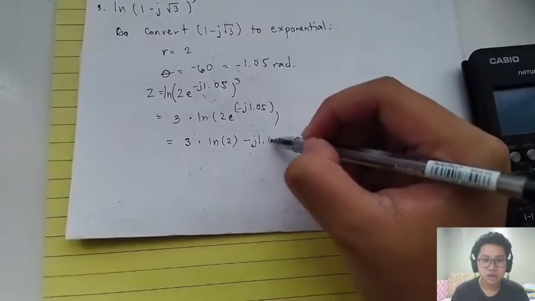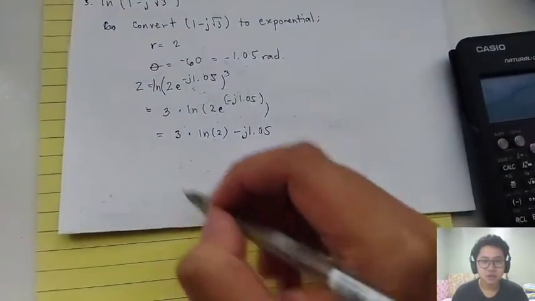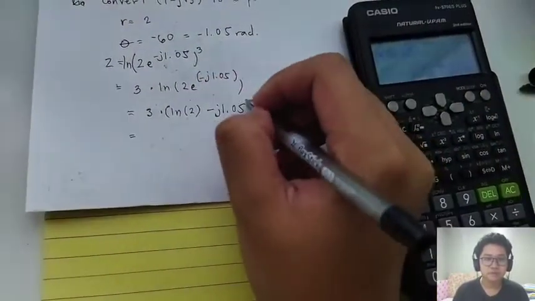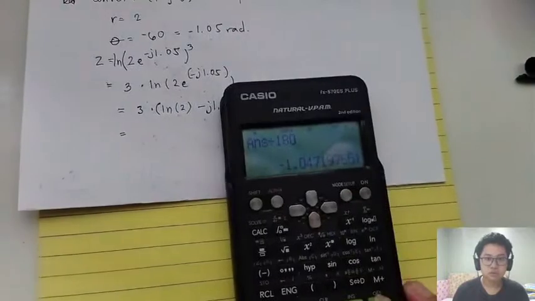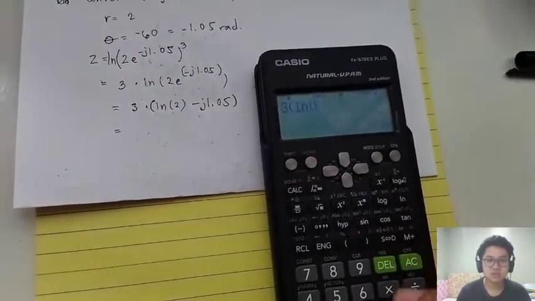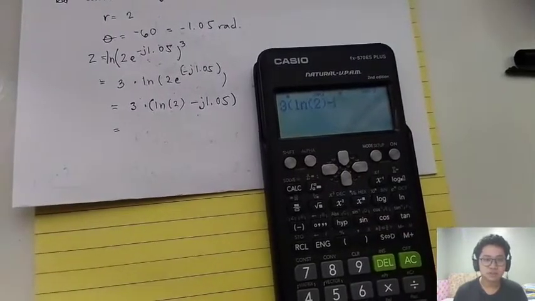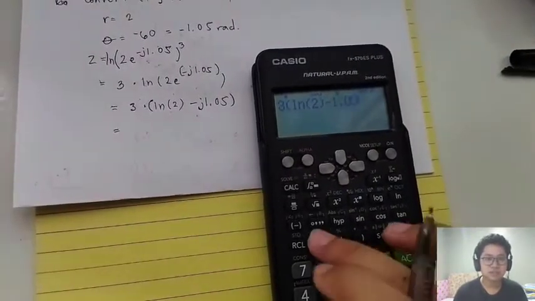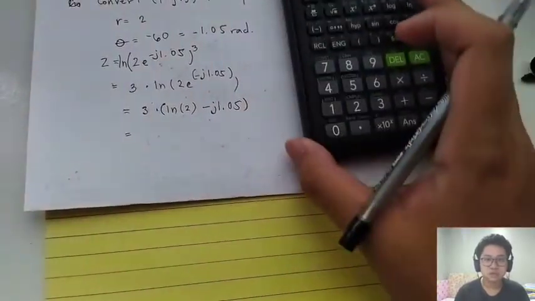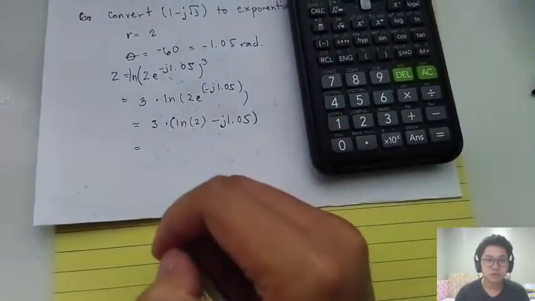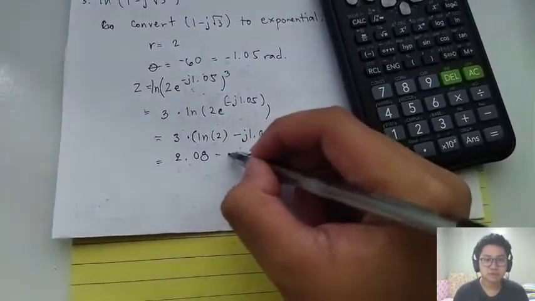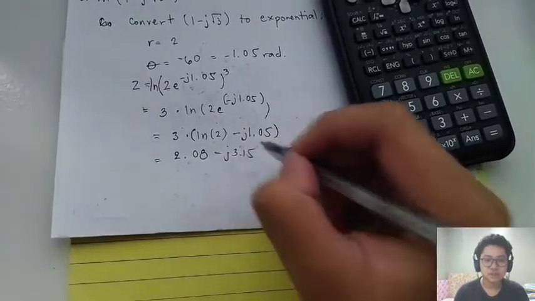So the ln part is equal to the ln of 2 minus j 1.05. Since it was ln e, we cancel that, so it is equal to 1. That's why the remaining is negative j 1.05. So the answer would be 2.08 minus j 3.15.